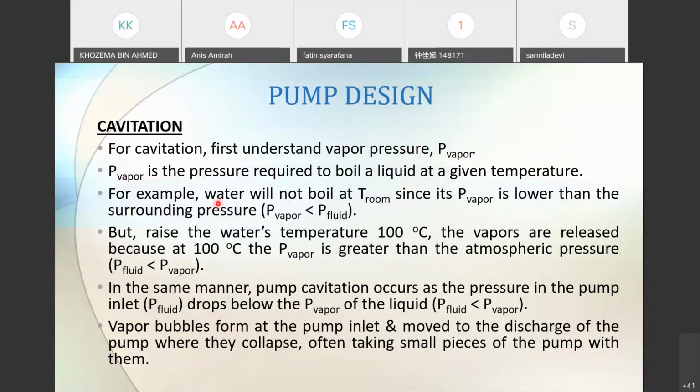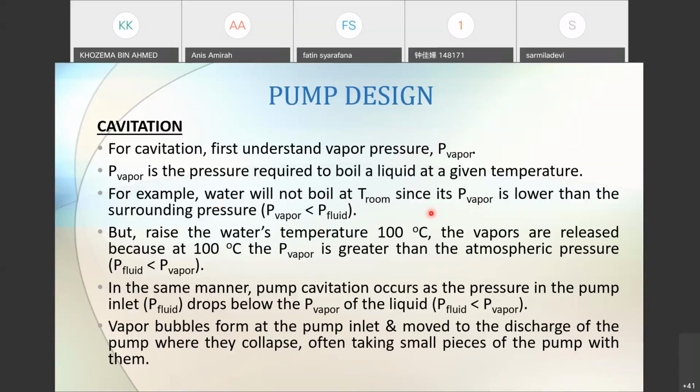For example, water will not boil at room temperature because the vapor pressure is lower than the surrounding pressure. Let's say our room temperature is around 28 to 30 degrees Celsius. At that temperature, if you look at your steam table, you can find the vapor pressure of water.